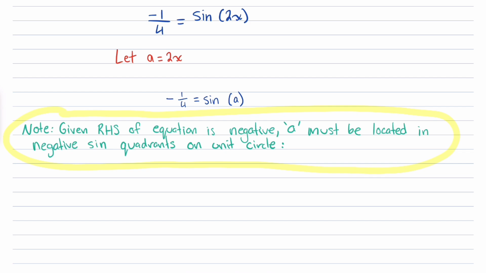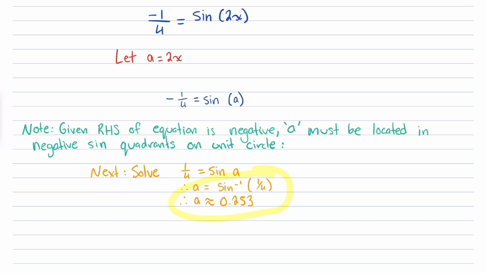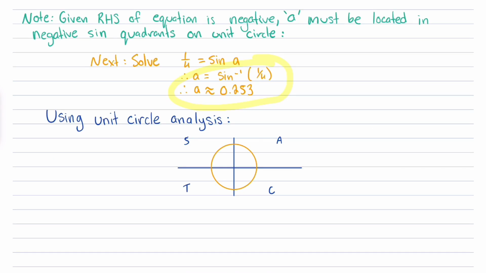So the next step is I'm just going to ignore the negative for a second, and I'm just going to solve 1/4 equals sine A to figure out what A is equal to. After doing that, it just so happens that A is equal to approximately 0.253. Now, using unit circle analysis, because we had -1/4, I want to draw my position of my angle in the quadrants that are going to be negative for sine.